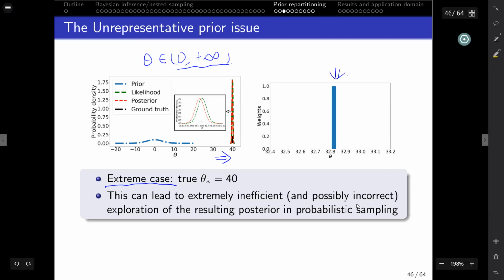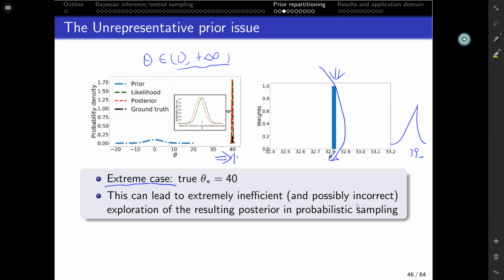For example, here, for moving the truth to 40, the theoretical true posterior should concentrate around here, around 39 point something. But in these sampling algorithms, because it's too far away, it can only return the furthest point explored, so this value. It's obviously incorrect, and that's the unrepresentative prior problem.